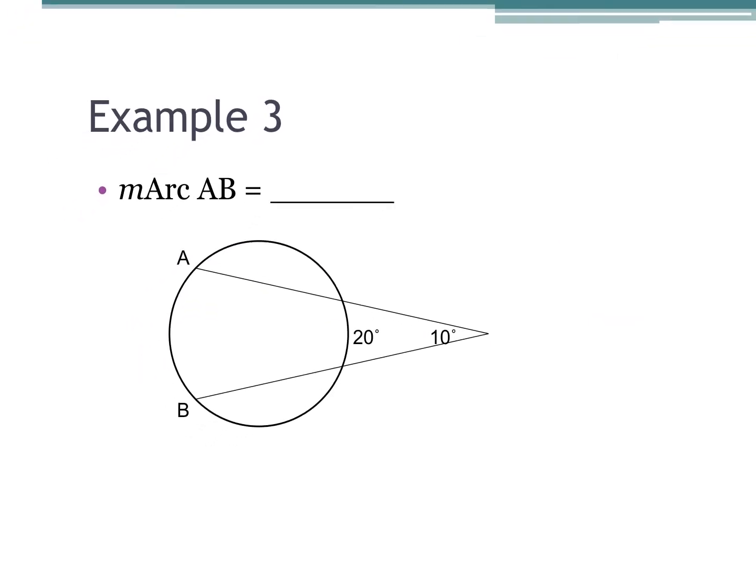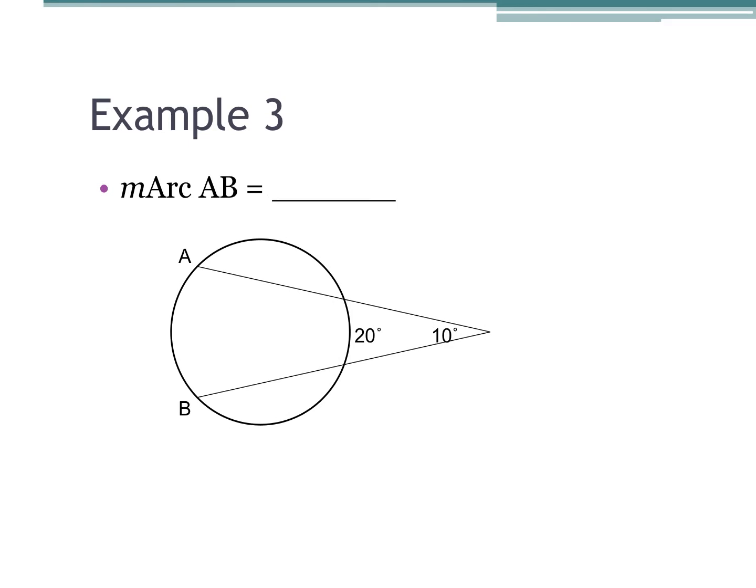So for example 3, they're asking me to find the measurement of arc AB. So AB is over here. I'm going to call this X. Notice this time I have 2 secants forming the outside angle, which is angle 10. So I'm going to use the same formula.